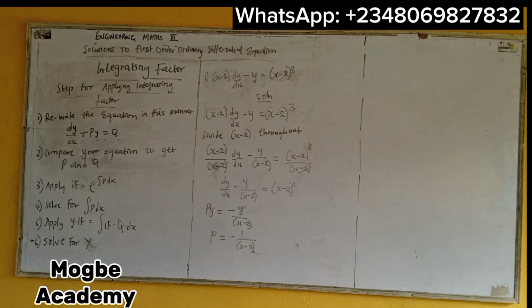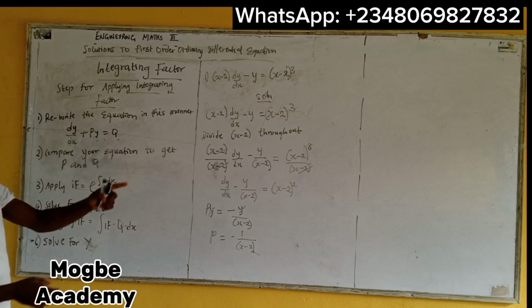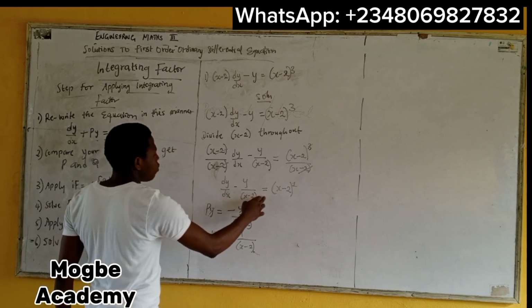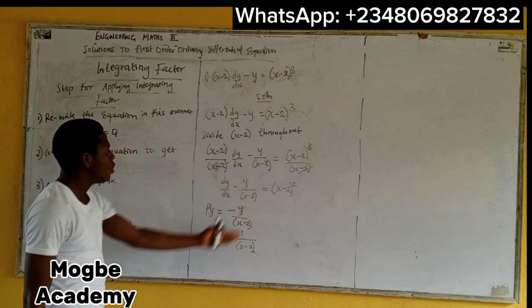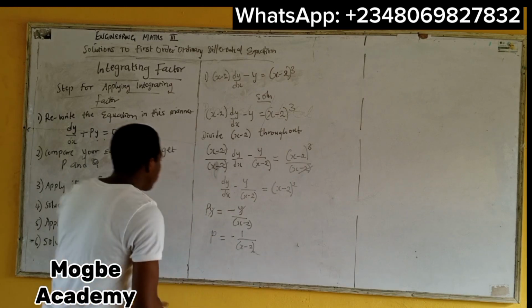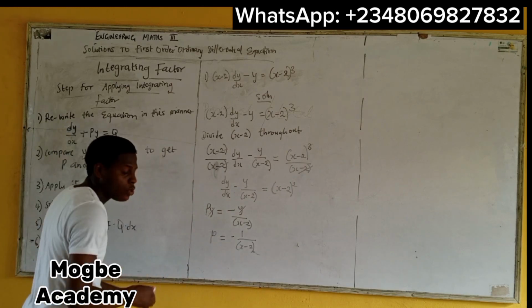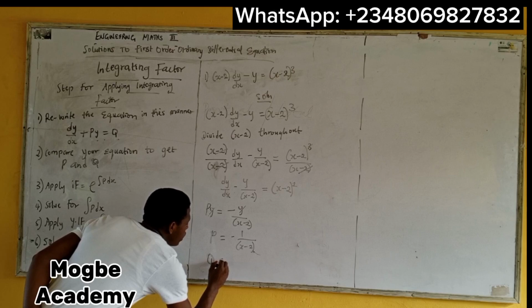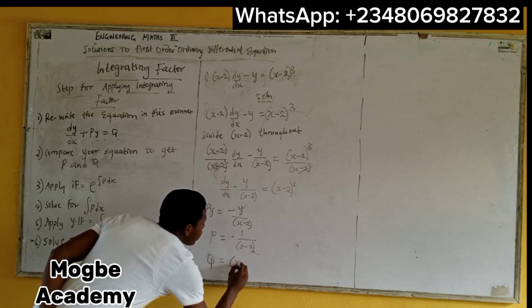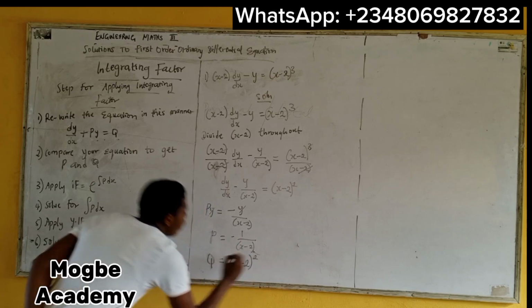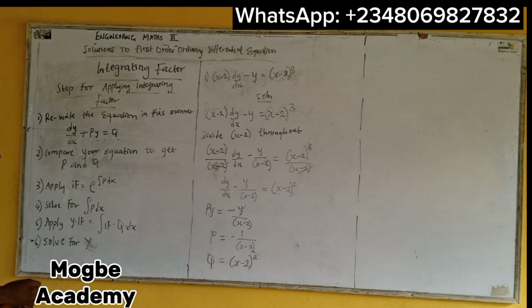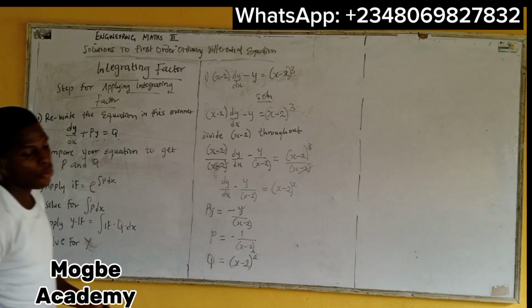Now the next thing is to get your q. From this equation, what is our q? Q is on this other side of the equation. So this is our q. Putting it into the equation, q is equal to x minus 2 all squared. So we've gotten our p and we've gotten our q.